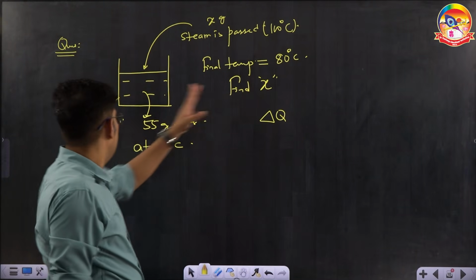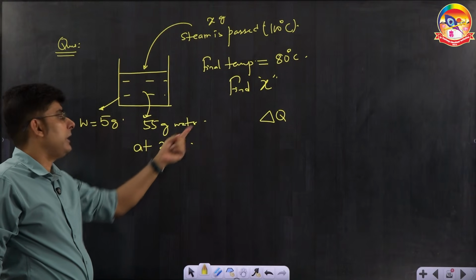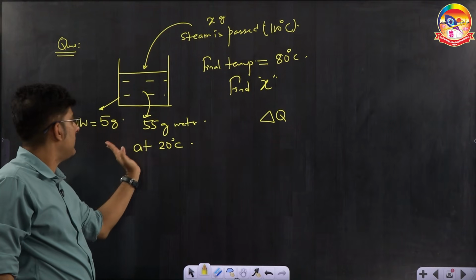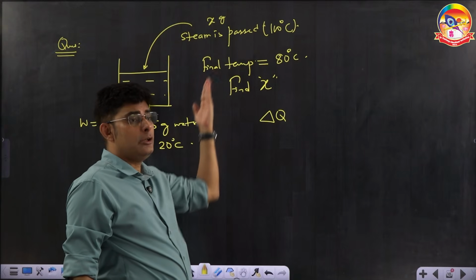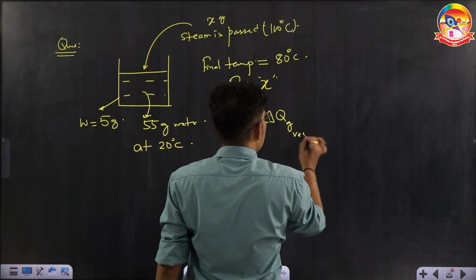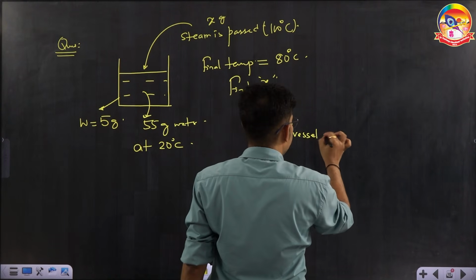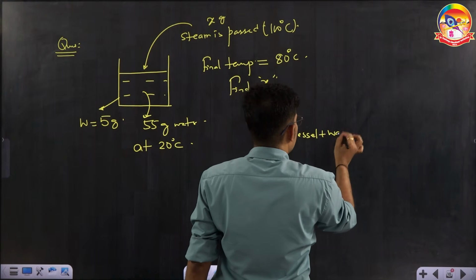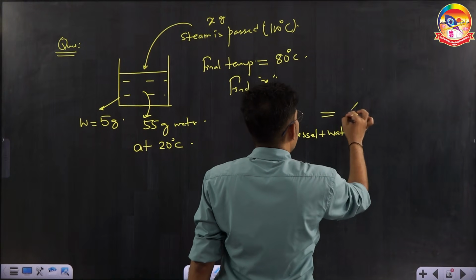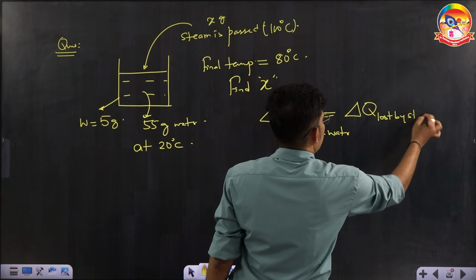Water and calorimeter or vessel both had initial temperature 20, and final became 80. So they have gained heat and the steam has lost heat. So delta Q gained by vessel or calorimeter plus water equals delta Q lost by steam.